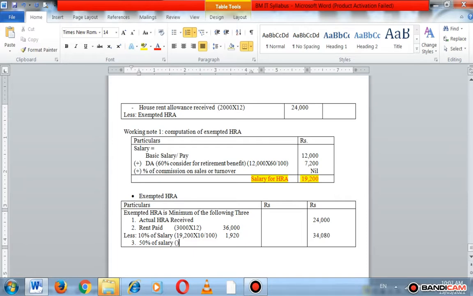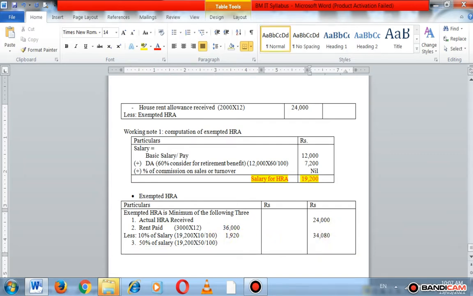So we already computed the salary. So 50% on salary is equal to 19,200 into 50 divided by 100. We get 50% of salary, that is 9,600.